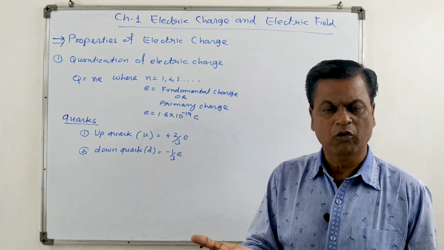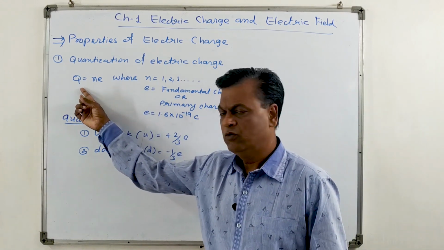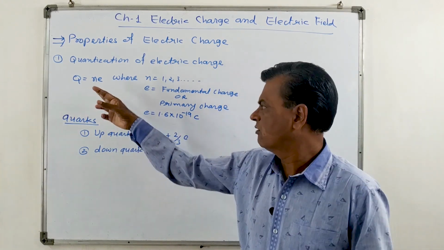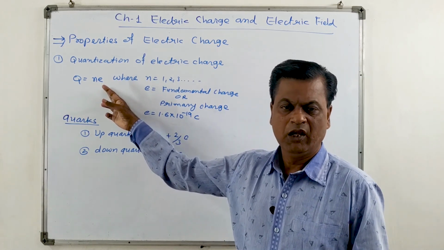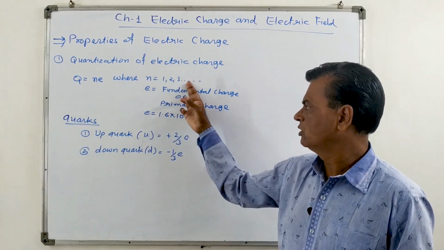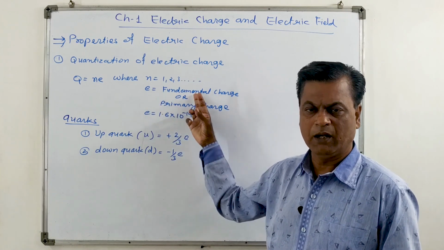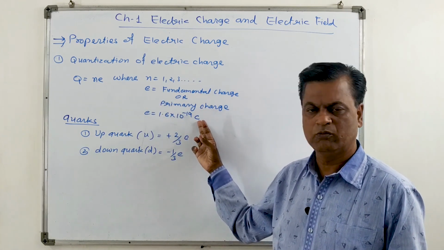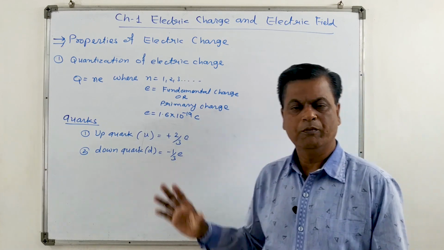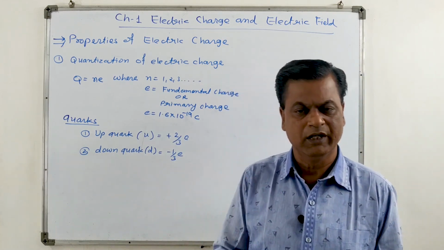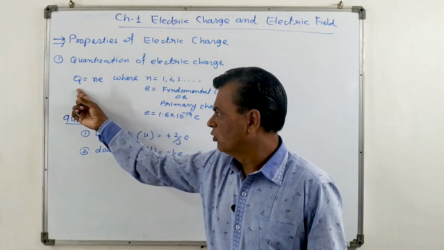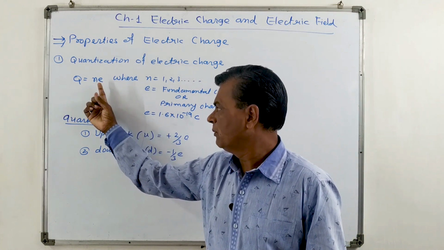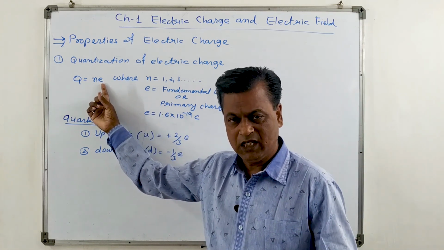Suppose the charge on the body is capital Q, then value of Q is equal to N into e, where N equal to 1, 2, 3, and e equal to fundamental charge or primary charge, and its value is 1.6 into 10 raised to minus 19 coulomb. So magnitude of electric charge found in nature, Q, is integral multiple of fundamental charge e.